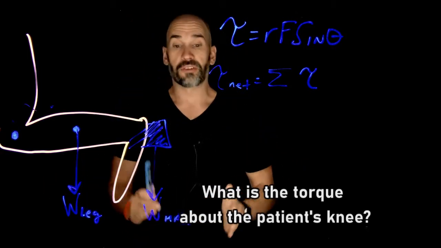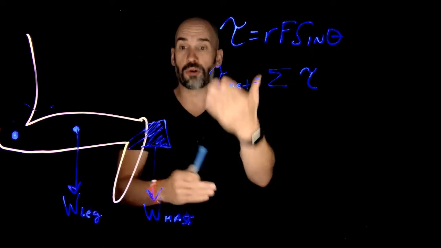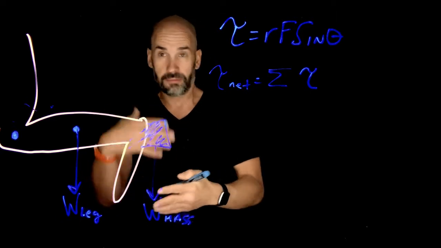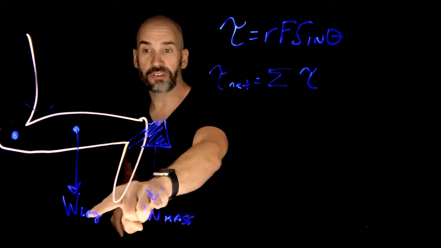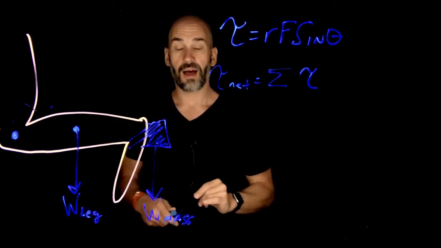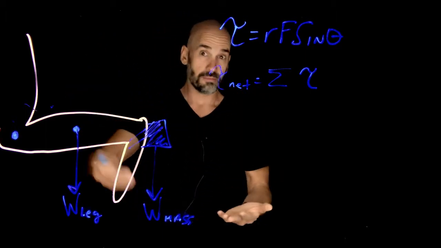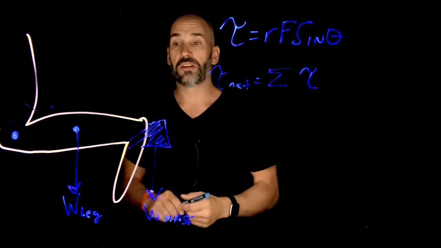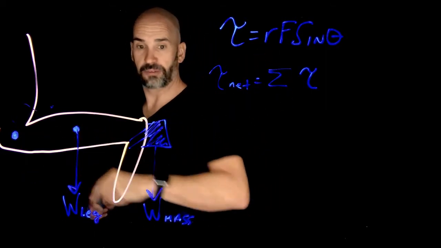When you're finding torques, basically for every force, there's one torque. So you know you have a torque around a certain axis if you see a force. So if there are two forces acting on this leg, that implies there must be two torques, right? The second thing we need to know is how far are those forces away from the axis of rotation?